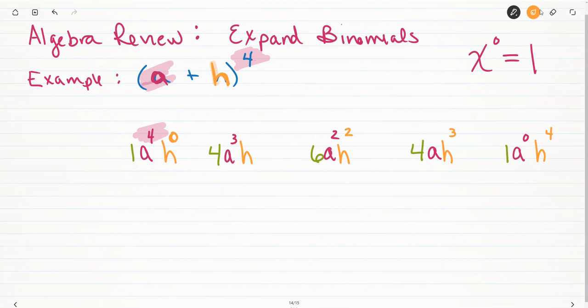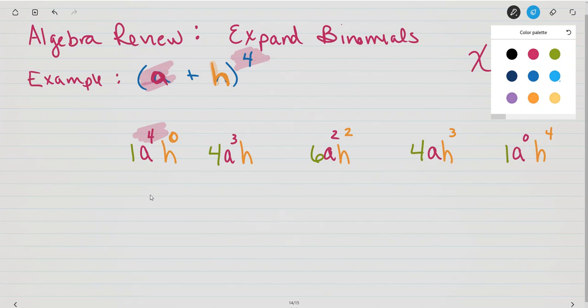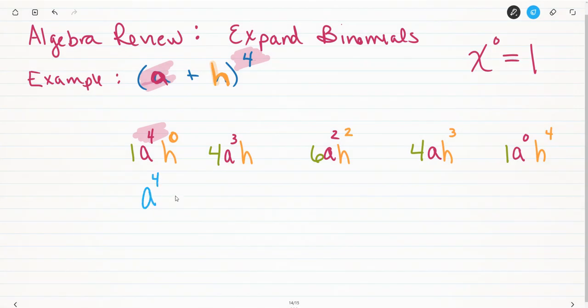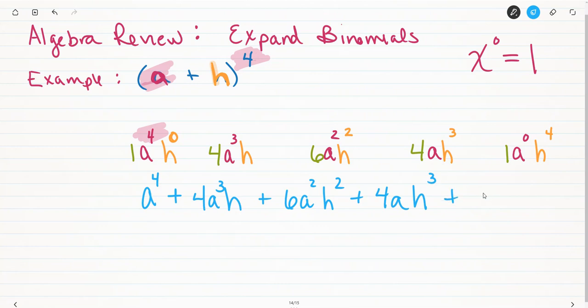Now all that's left is simplifying. So I have a to the 4 plus 4a cubed h plus 6a squared h squared plus 4a h cubed plus 1 times h to the 4, and that's it.